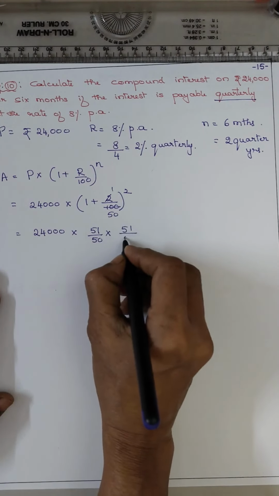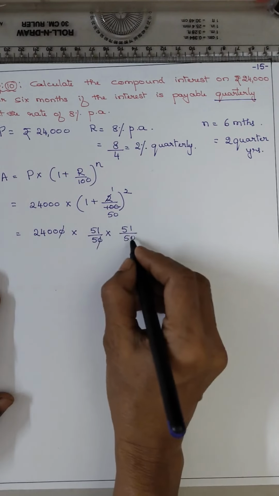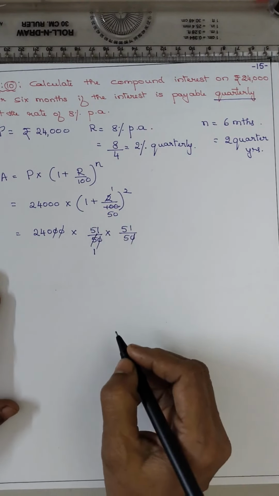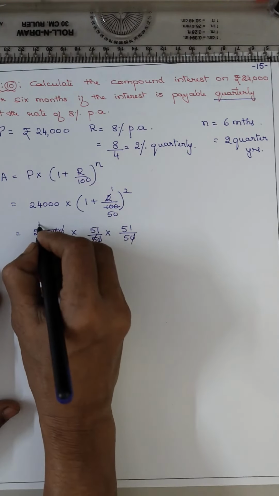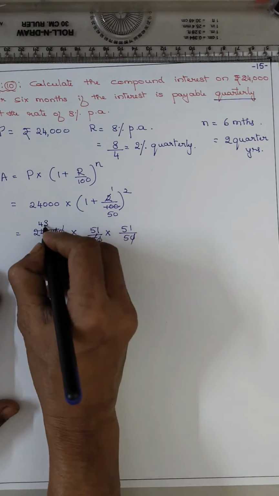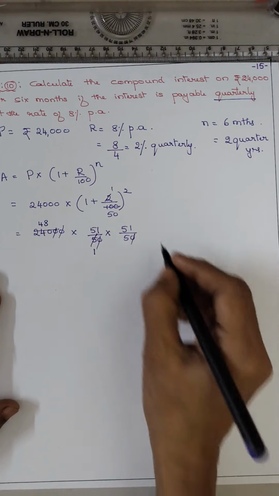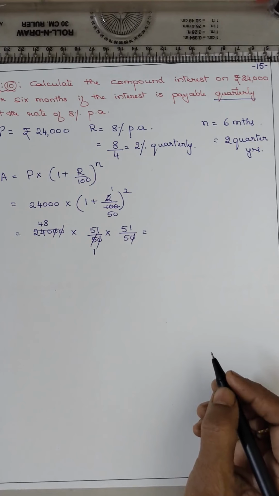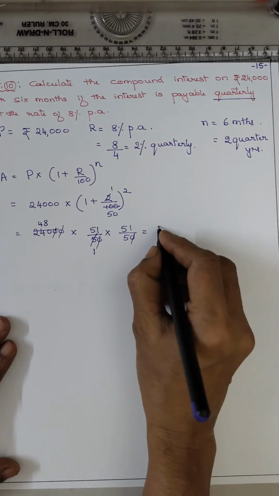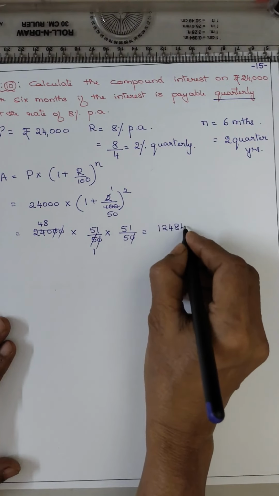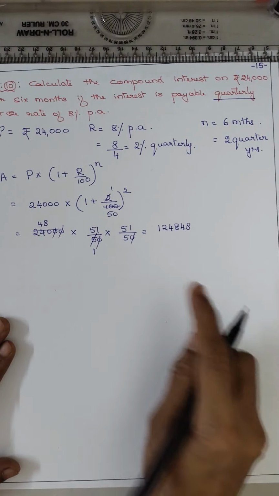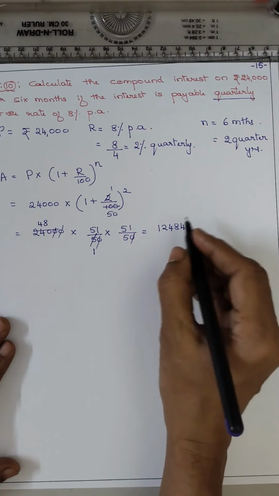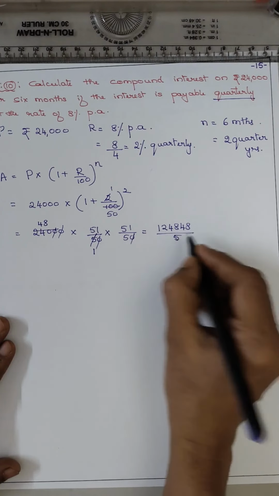So 51 upon 50. 1 0, 1 0 cancel, 1 0, 1 0 cancel. 5 ones are 5. 5 fours are 20. 4 remains, 5 eights are 40. So you got 51 into 51 into 48. When you multiply 51 into 51 into 48, you will get 124848 and denominator is 5.